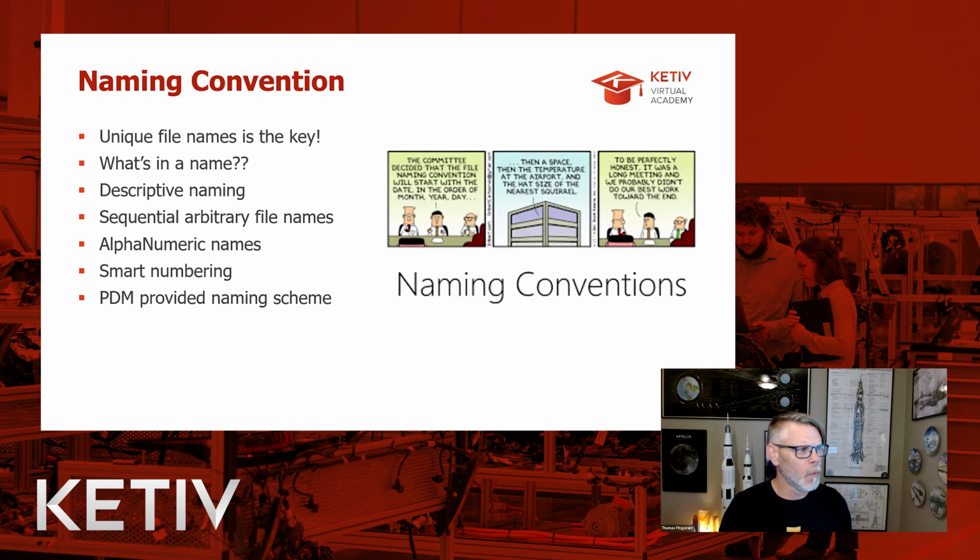I've seen this where, if it's a schematic, it's S dash something. If it's an architectural drawing, it's A dash something. Or, if it's a sheet metal component, it's SM dash something, right? So you can use alphanumeric file naming, smart numbering, sequential arbitrary file names. It really doesn't matter as long as we're focusing on the fact that it has to be unique.